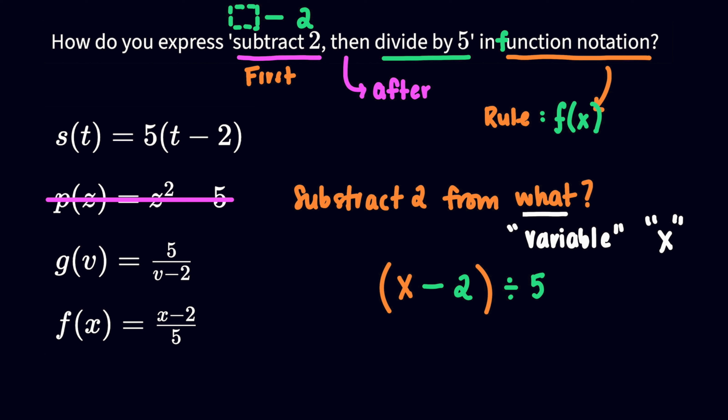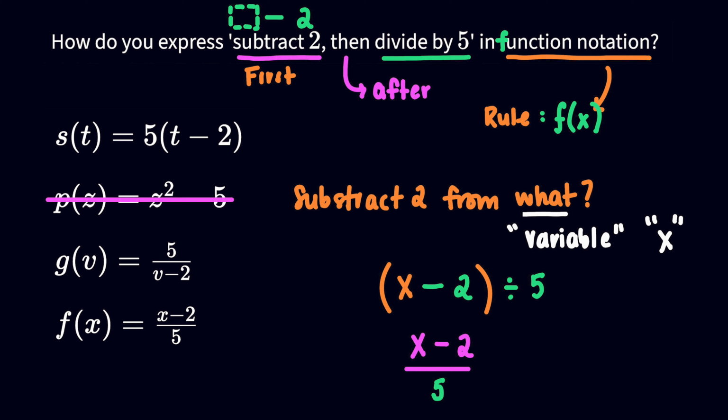Now, this could be written another way, right? It could be the same thing as saying x minus 2 all divided by 5. If you want to put the parentheses in, you can, but you do not have to. But that is the idea, that now I'm saying divided by 5, the 5 must be on the bottom.